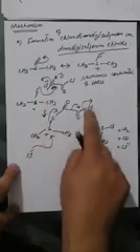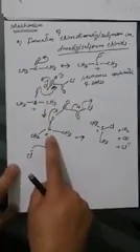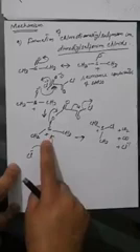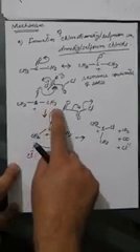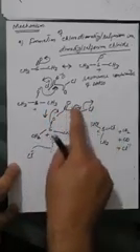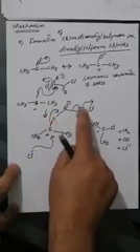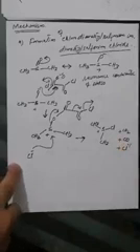You will get this intermediate, and the chloride which left from this auxiliary chloride attacks on this sulfur because this sulfur has a large positive charge on it, and this electron density moves here, here, and here. So we get carbon dioxide and carbon monoxide and chloride, these are the byproducts.